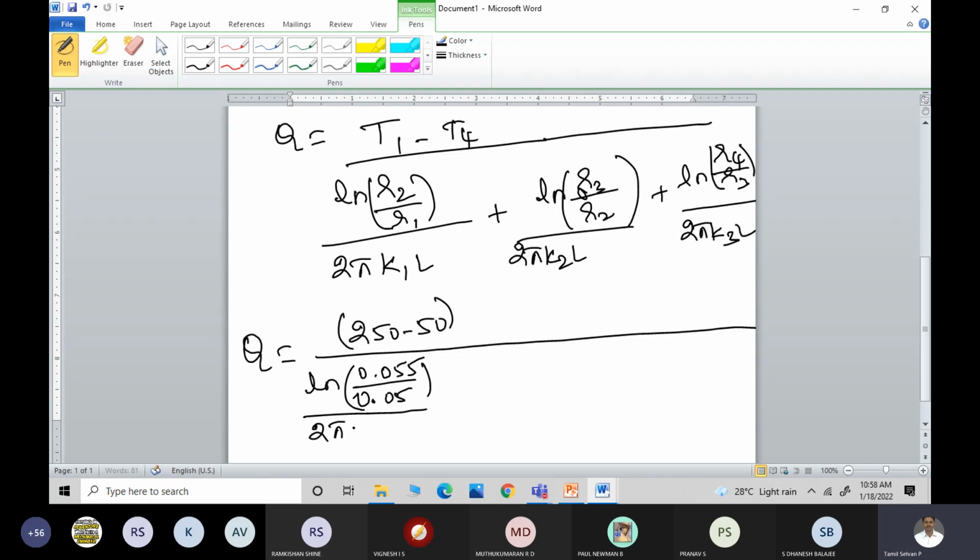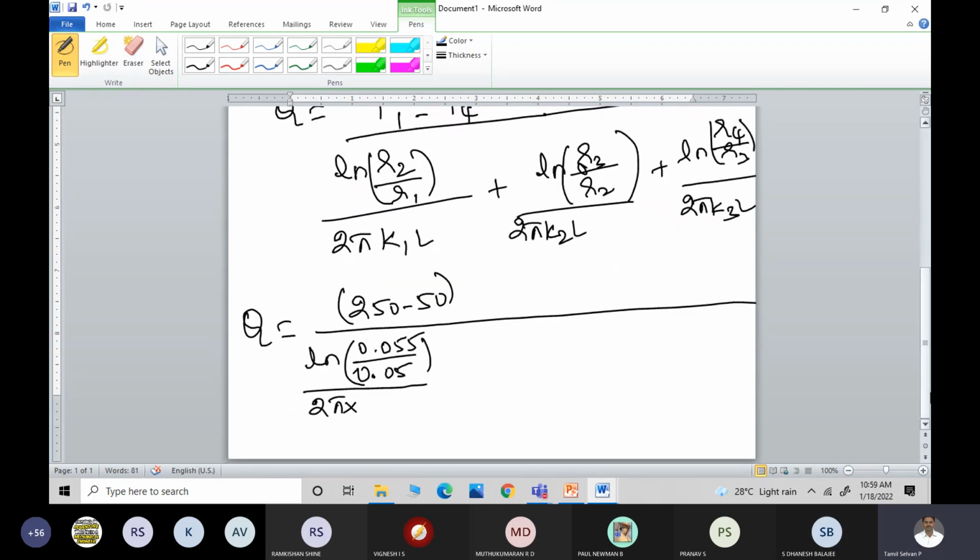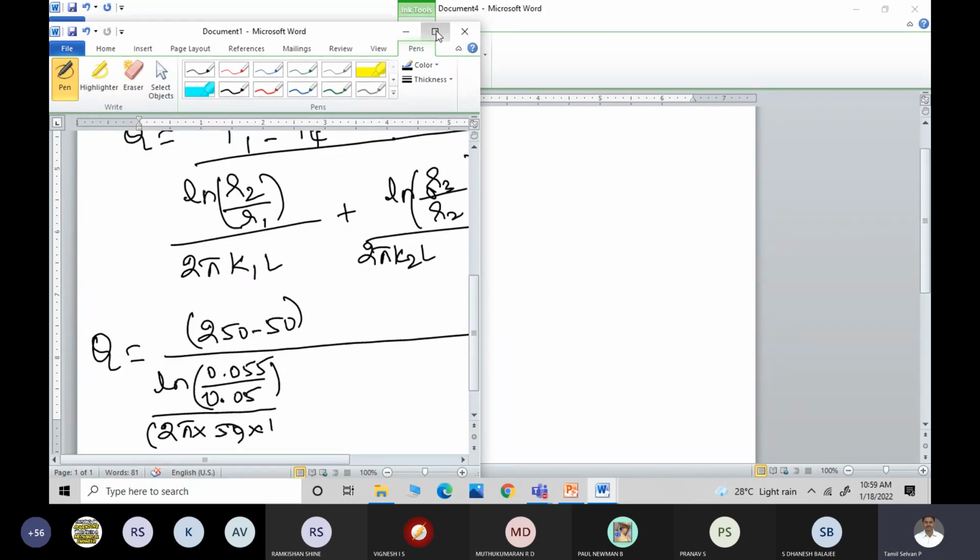What is K1? Assume unit length, since length is not given. K1 is 50, so 2 pi into 50 into 1. Similarly, substitute the others also.